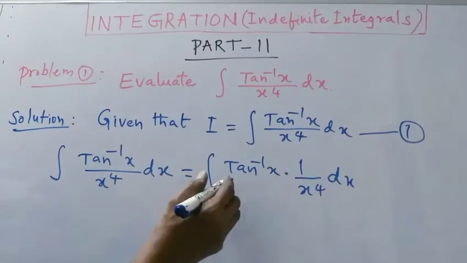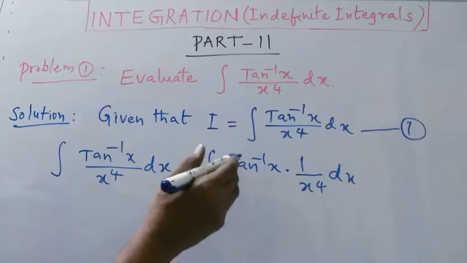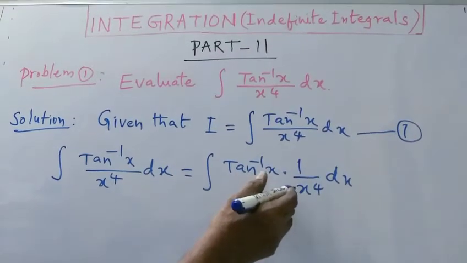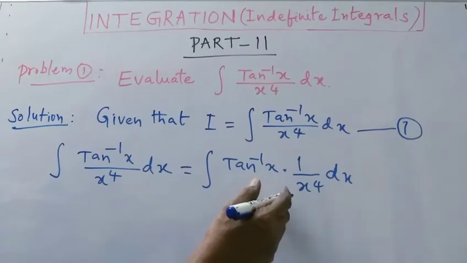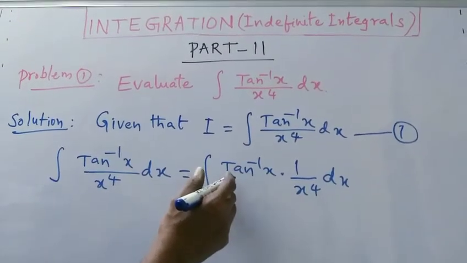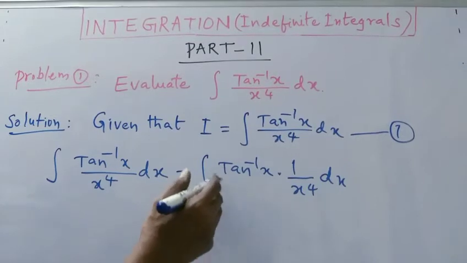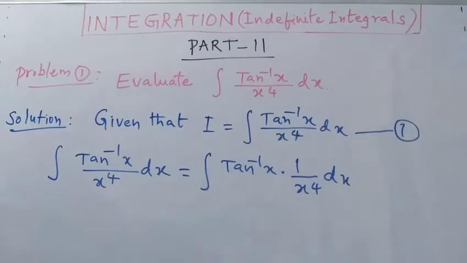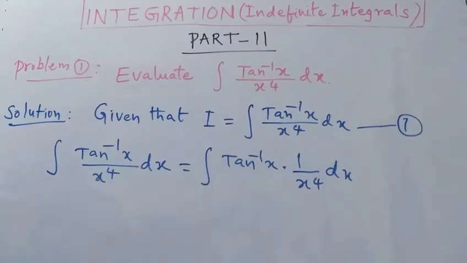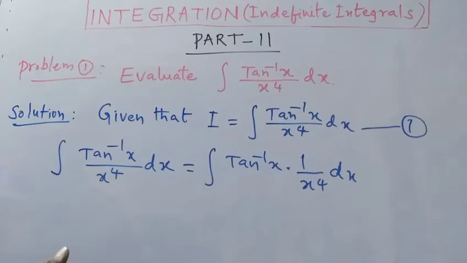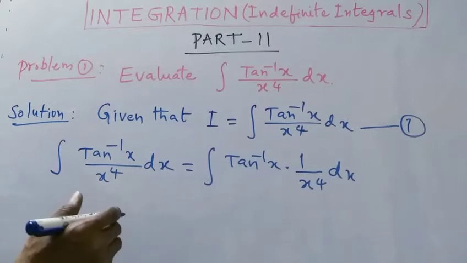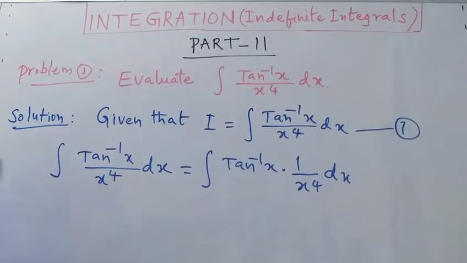So here two functions are given: tan inverse x and one more function, 1 by x to the power of 4. 1 by x to the power of 4 is the algebraic function and tan inverse x is the inverse trigonometric function. So to identify this, we have to apply the ILATE rule.